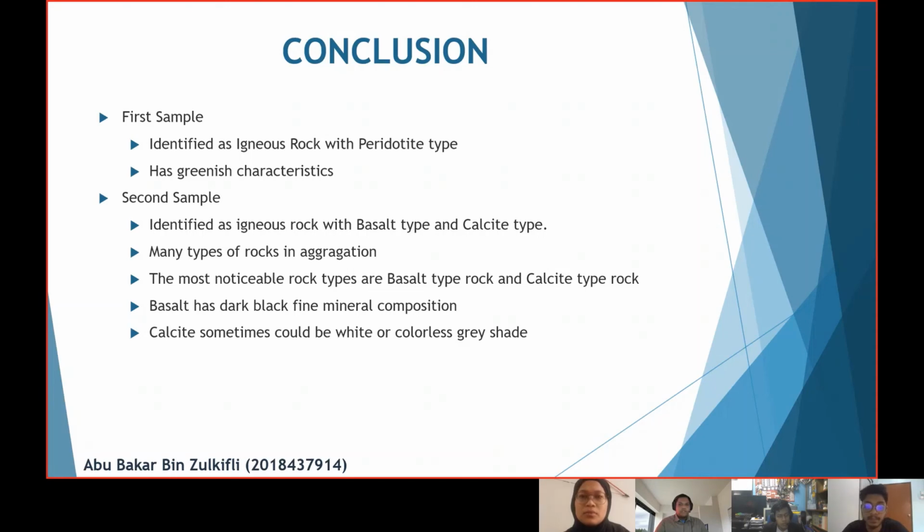There are many types of rocks in aggregation, but the most noticeable rocks are basalt and calcite. This is because the basalt has a dark black fine mineral composition, while calcite has white, colorless, gray shades. Because of these noticeable characteristics, basalt and calcite were identified in this experiment for sample 2.